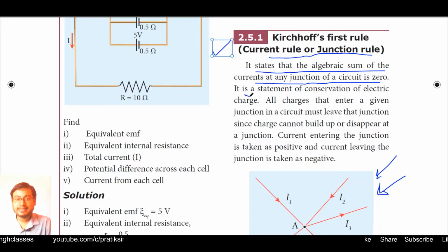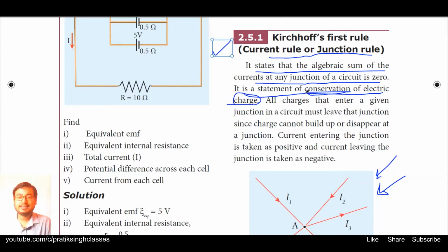It is a statement of conservation of electric charge. Earlier I told you that whenever the word conservation comes, whether in physics or chemistry, like conservation of charge, conservation of mass, conservation of momentum, it means that the initial value combined is equal to the final value combined.